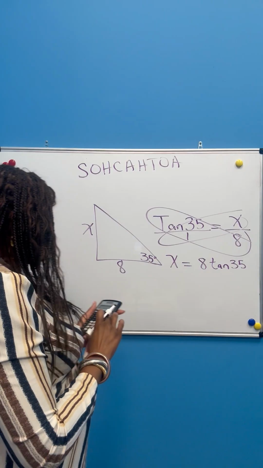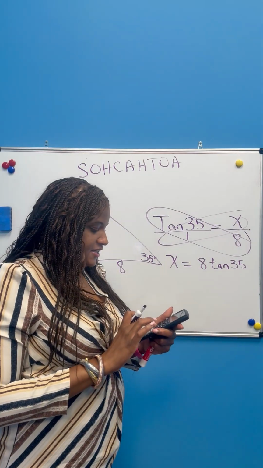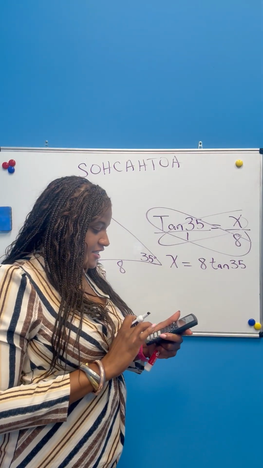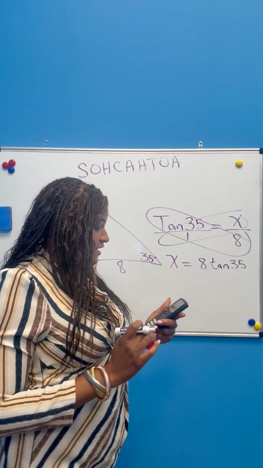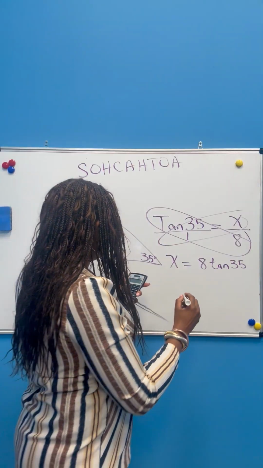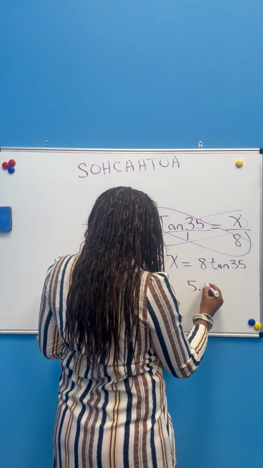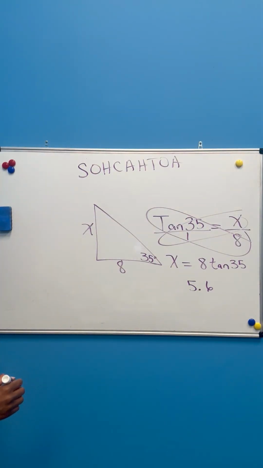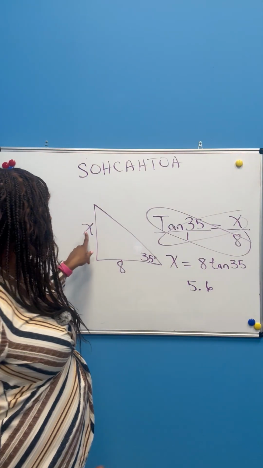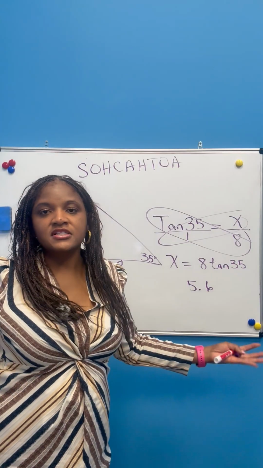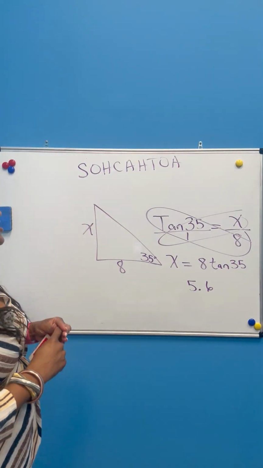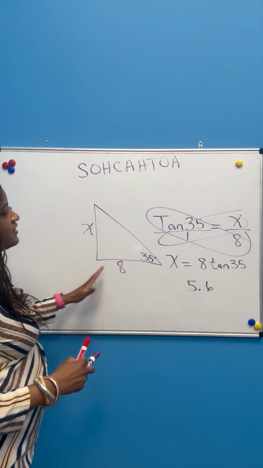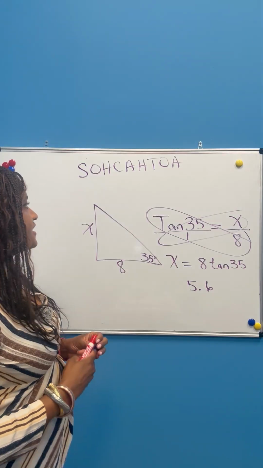Using our calculator, we have 8 times tangent 35, and I'll round this to the tenths place. We have 5.6. So the side that is opposite 35 is 5.6 units. It could be inches, whatever unit they're talking about here, but that's how long that side is.